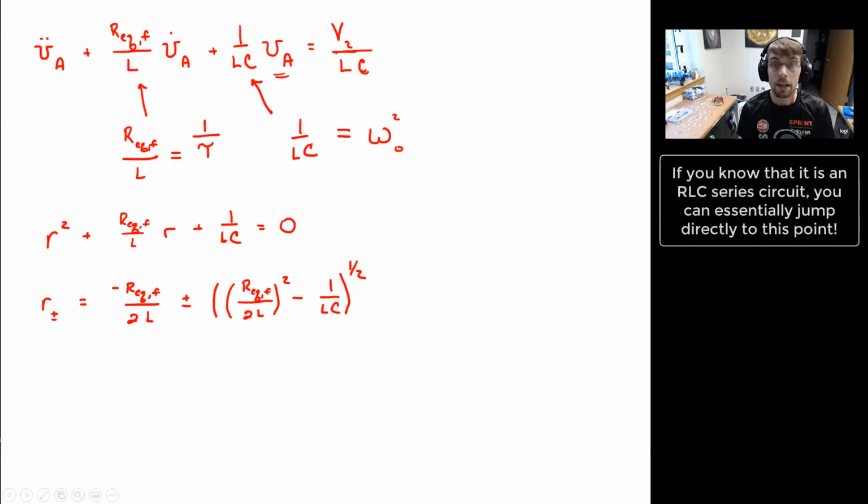Now, I'll stop here and again highlight that the behavior of the value of this square root term will determine the behavior of the circuit. And by behavior, what I mean is, is it overdamped, underdamped, or critically damped?